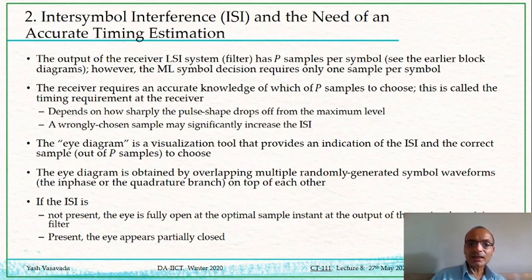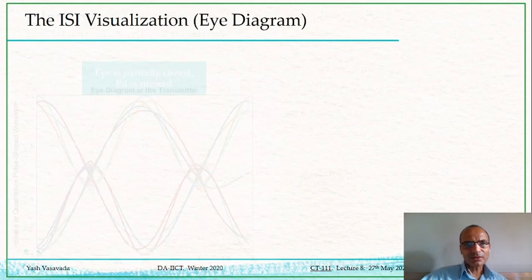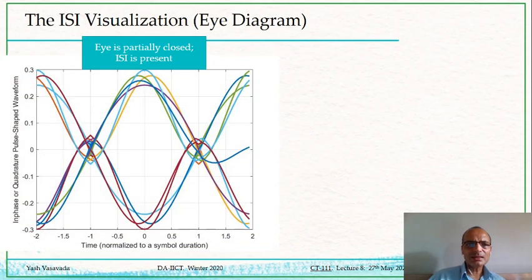And if that is not possible to see, then you say that eye is partially closed, which implies that there is some intersymbol interference and possibly some noise. So that is what I am showing here. First, I am showing a case where eye is partially closed.